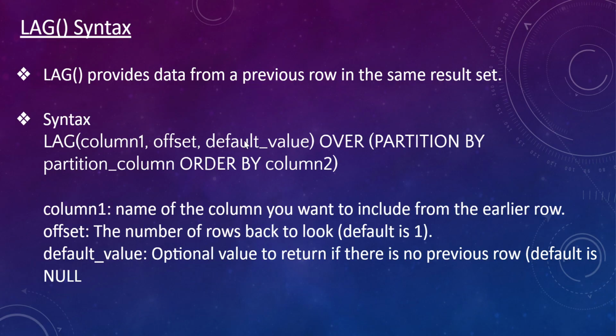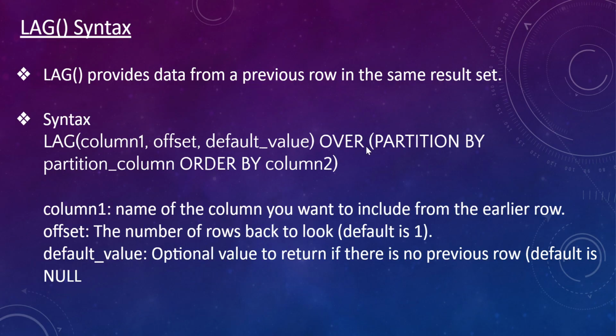Similarly, if there is no value in that particular row, then by default it will take null. However, you can mention any default value if you want something in place of null. This is an optional value you can write in this space here.